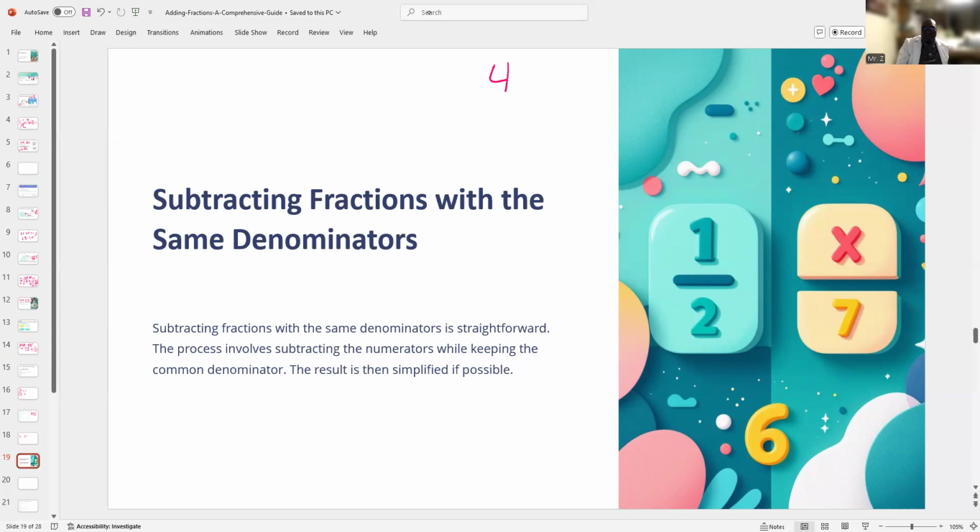Let's say 4 over 3 minus 1 over 3. Since they have the same denominator, you're gonna only subtract the top number. So which is gonna be 3 over 3, and the answer is gonna be 1.